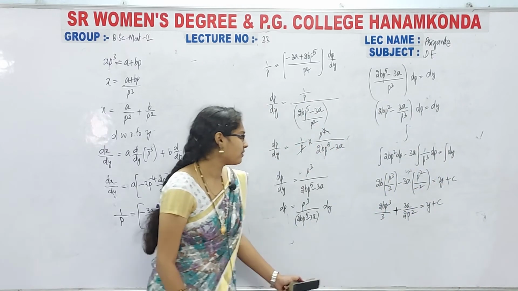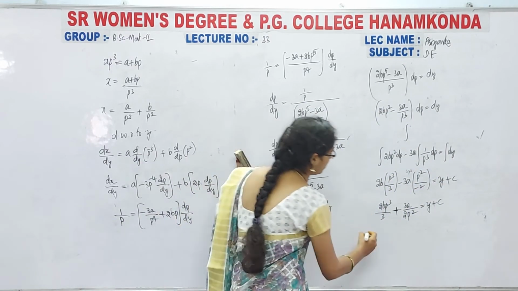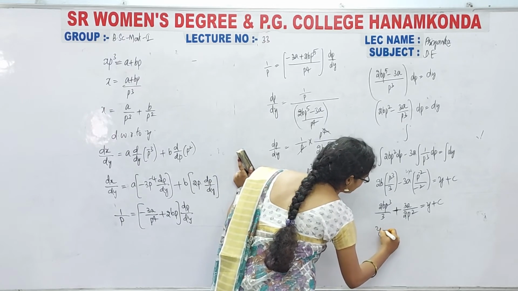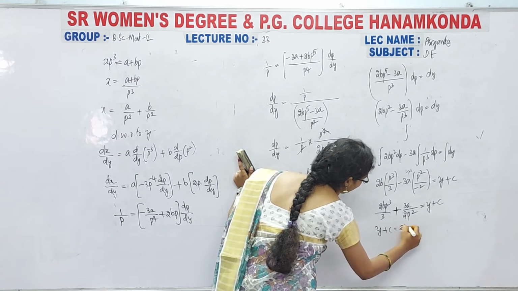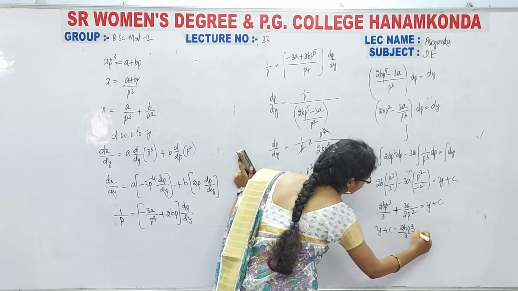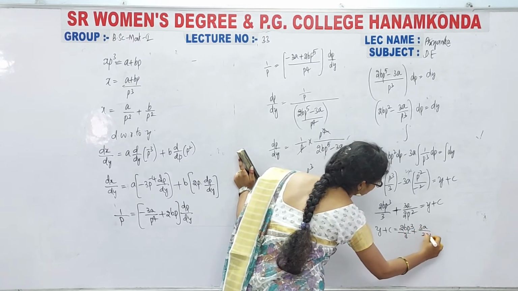So finally y plus c is equal to 2bp cube by 3 plus 3a by 2p square.